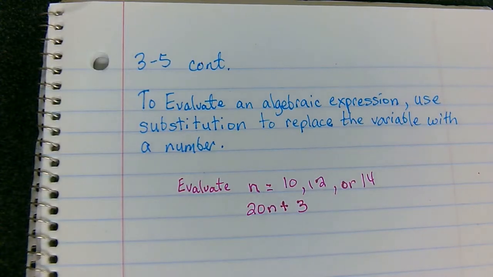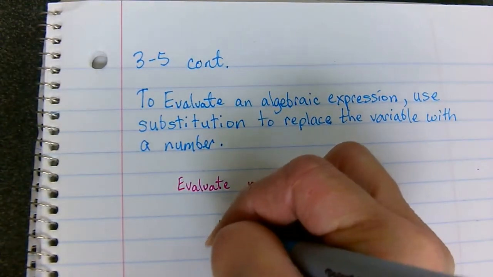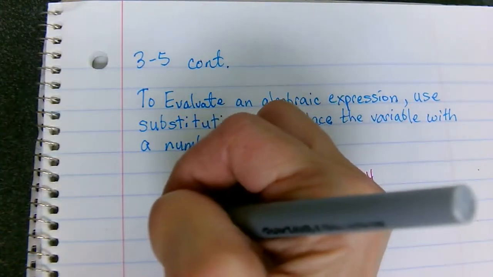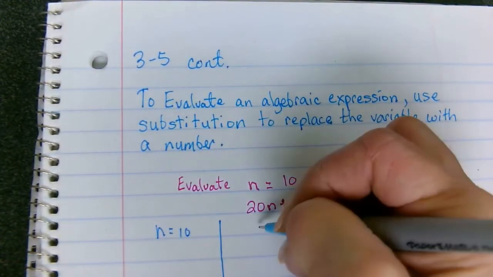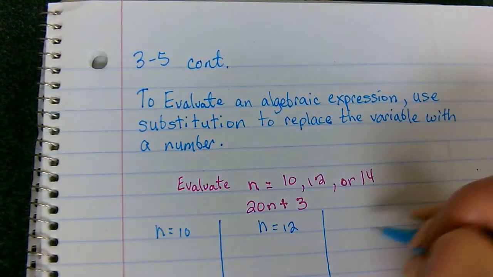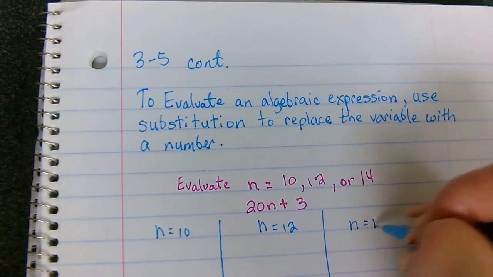Okay? Alright, so let's substitute in. We'll make 3 little columns here. And we'll write n equals 10, n equals 12, and n equals 14. Okay?